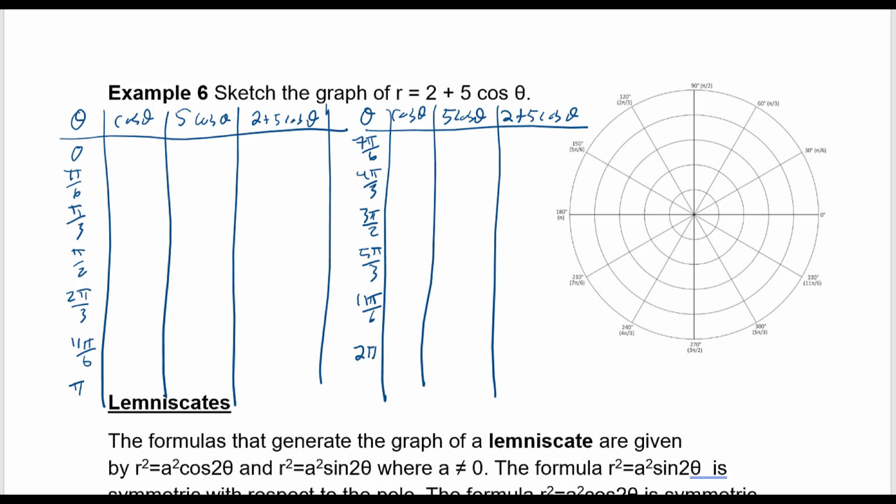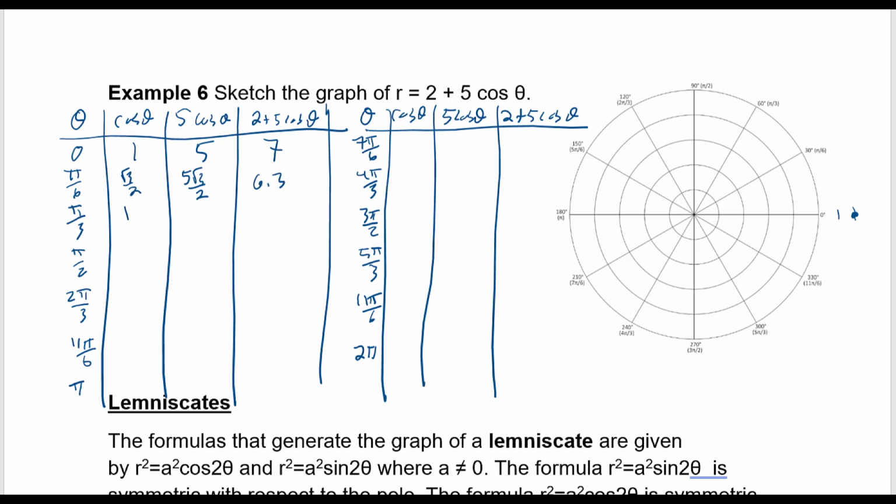So start at 0. Cosine of 0 is 1. 5 times that's 5, plus 2 is 7. So we're going to be starting all the way out here at 7. For pi over 6, cosine of that is square root of 3 over 2. 5 times that is 5 root 3 over 2, and adding 2, the decimal approximation is 6.3.